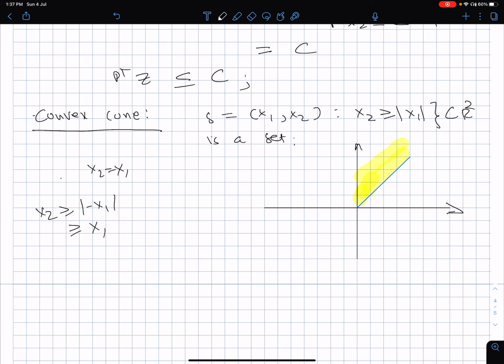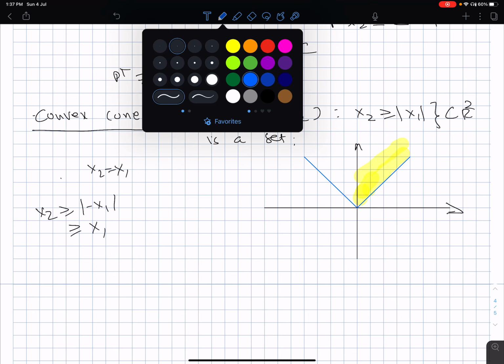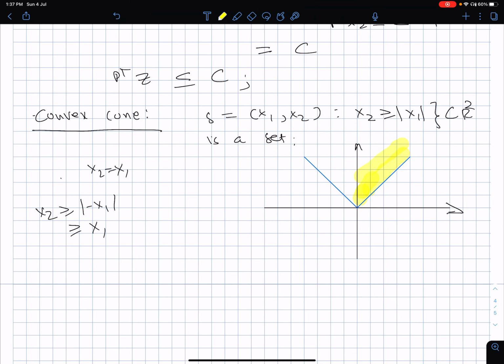So that means I am looking at a 45-degree line here, and again because x2 should be greater than or equal to this, I am looking at this.